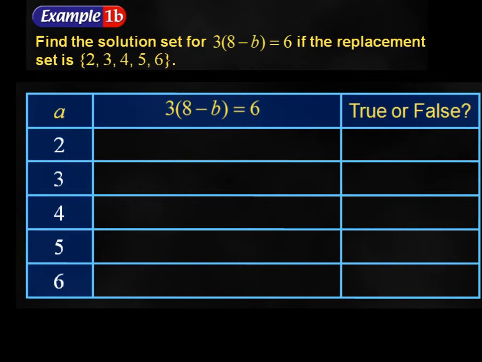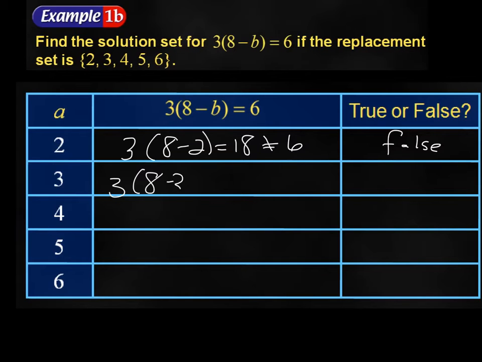Okay, same thing. I'm just going to write it out by hand this time. You get to deal with my chicken scratching. So we're going to substitute in 2 every time there's a b. So 8 minus 2 is 6, times 3 is 18, and that does not equal 6. Then 3 times 8 minus 3 is 5, times 3 is 15.